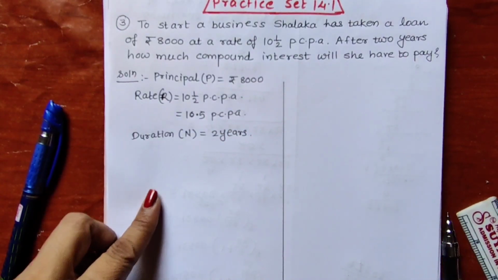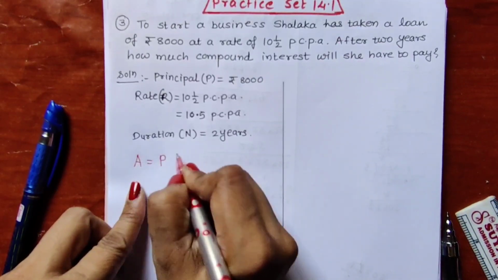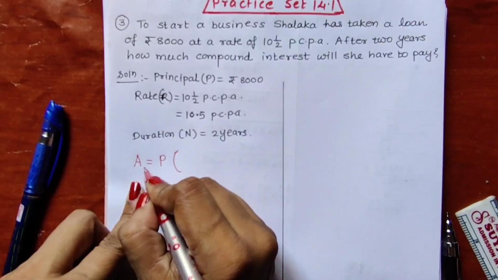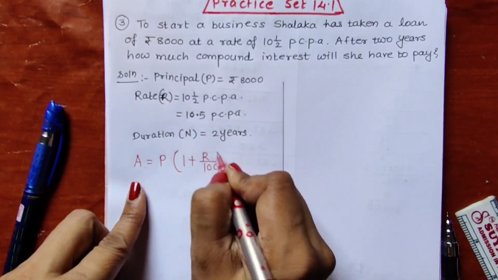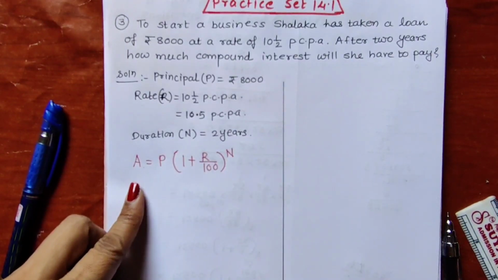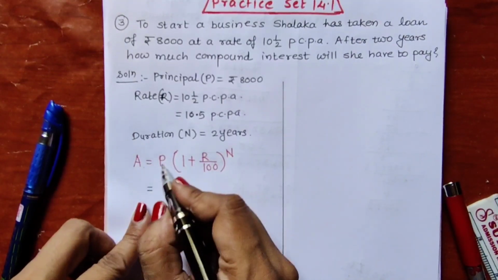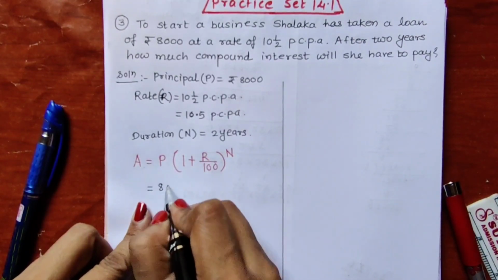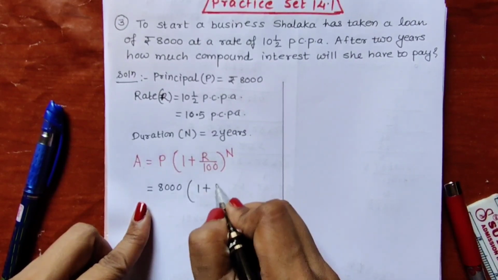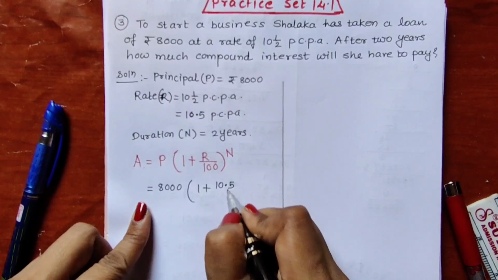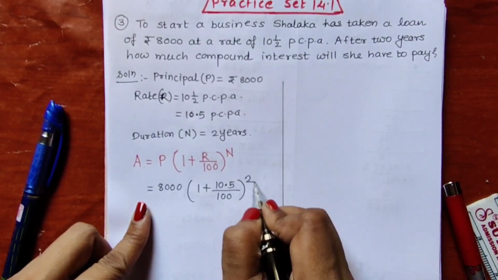Now we can apply the formula of amount first, as usual. A is equal to P, 1 plus R upon 100 raised to N. So we apply the formula. Now we will write the values. P value is 8,000, 1 plus R is 10.5 upon 100 raised to N means 2.